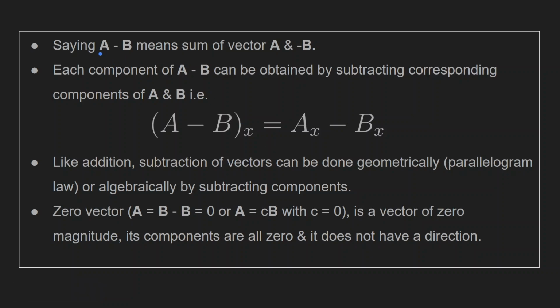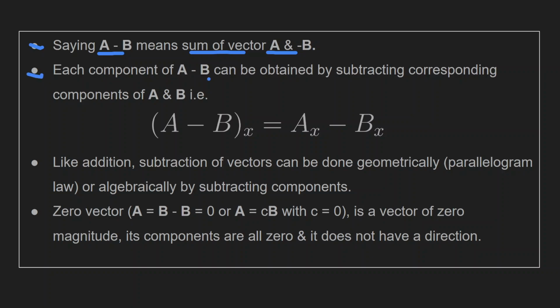So A minus B means the sum of two vectors, A and the negative of the vector B. If you remember, in the first video I discussed that I have written subtraction in brackets because subtraction is nothing but the addition of the negative vector.